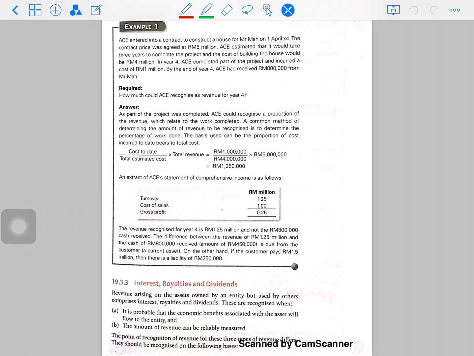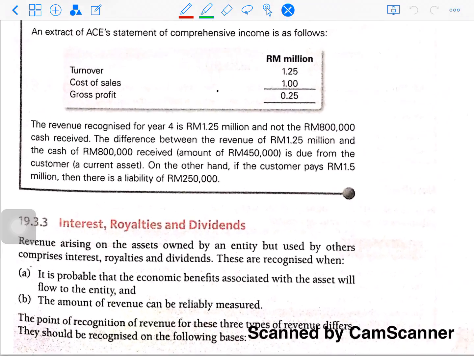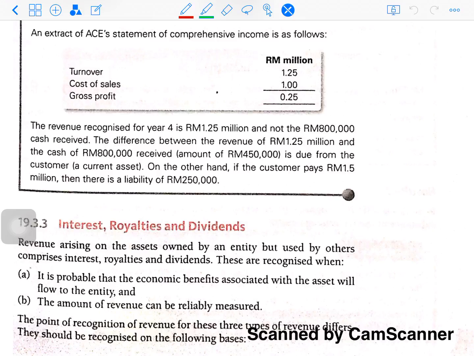Again, the general rule is that probable that the economic benefit will flow to the entity and revenue can be measured reliably. Okay, that is the general rule for service rendered, for sales of goods. This also applies to royalties and dividends. Okay.